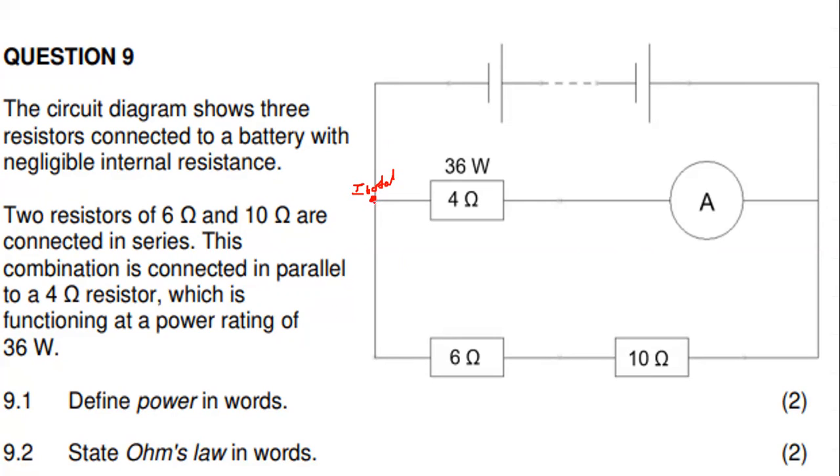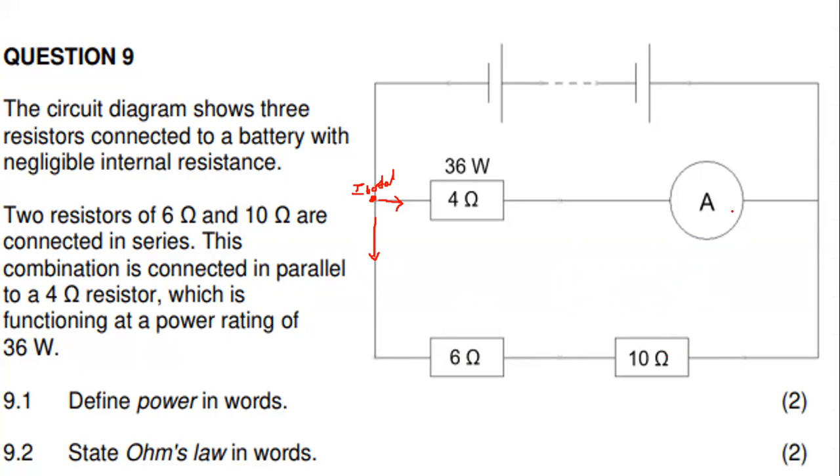This is the total current, so the current divides. Some of the current will go in that 4 ohm resistor, some of the current will go down and it will go through the 6 ohm resistor and the 10 ohm resistor. So we must understand this, my dear learners.